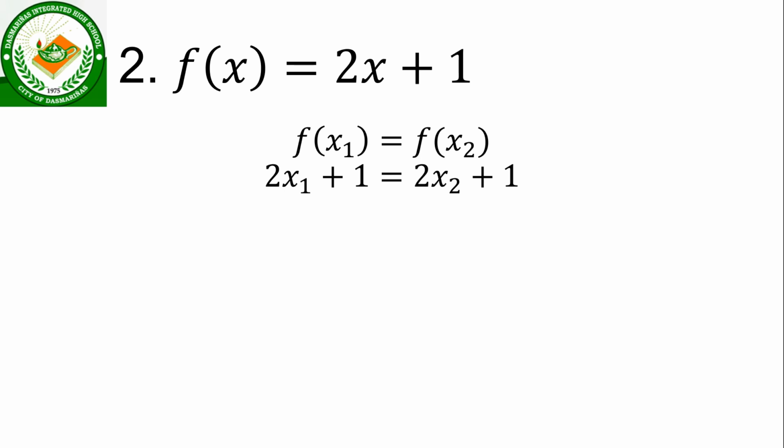We replace x by x sub 1 on the left, and on the right, we replace x by x sub 2. Subtracting both sides by 1, we have 2x sub 1 equals 2x sub 2. And dividing both sides by 2, we have x sub 1 is equal to x sub 2. We just proved that if f of x sub 1 is equal to f of x sub 2, x sub 1 is equal to x sub 2.